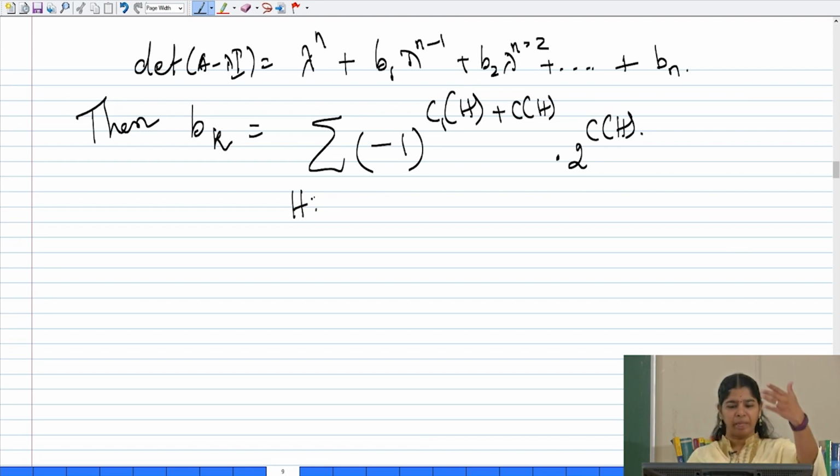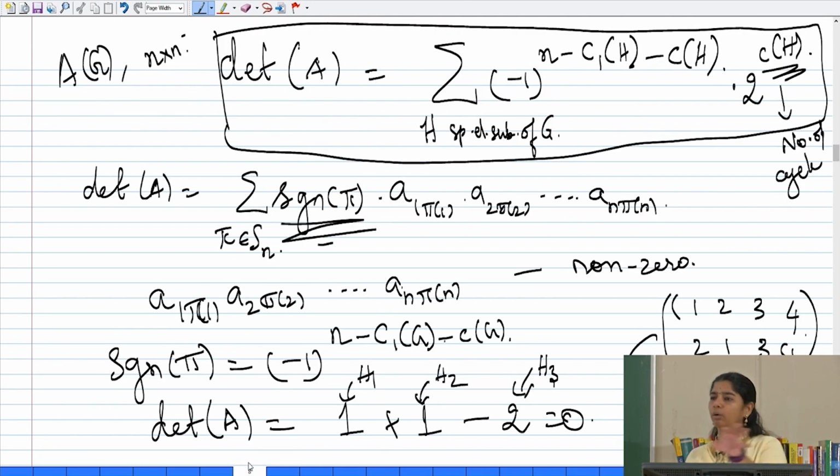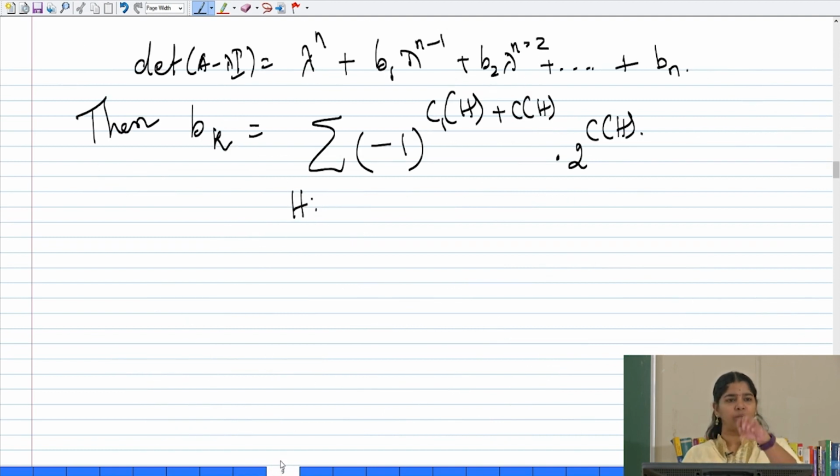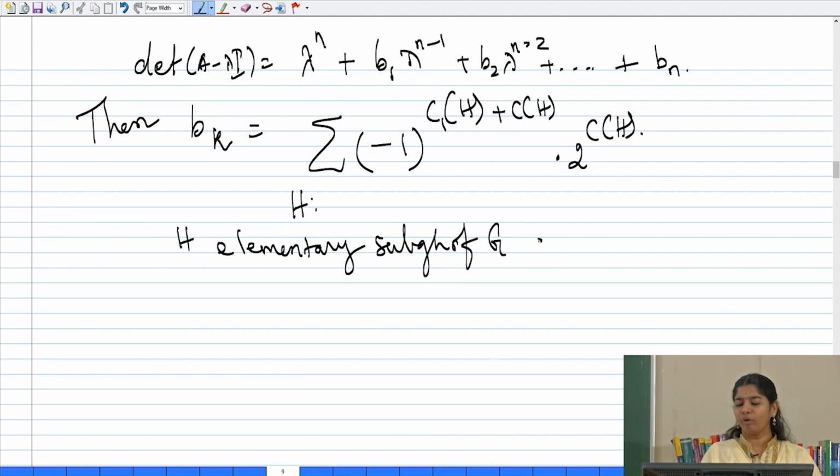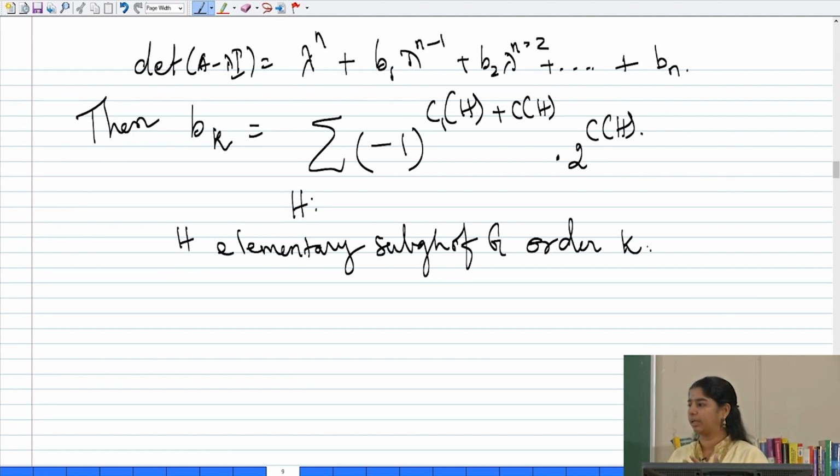So far in the main formula, what did we do? We took spanning subgraphs, but now since we are going to look at every coefficient, how does the coefficient get connected to this formula? It is nothing but h is an elementary subgraph of G of order k, and you do this over all possible order k subgraphs.